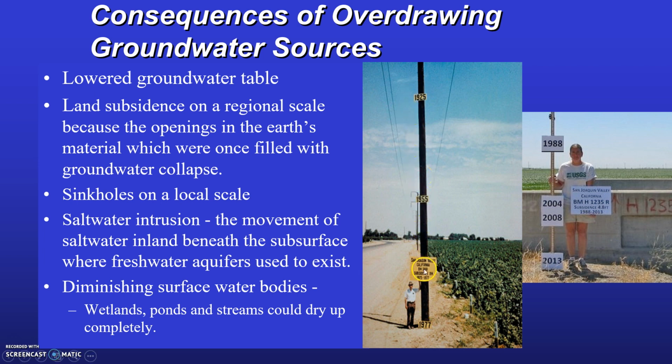This is indicating about a 28-foot drop in land subsidence because of overdrawing groundwater. This is just another picture of another USGS representative depicting that between 1988 and 2013, land subsidence at this location has been almost 5 feet, or 4.8 feet.